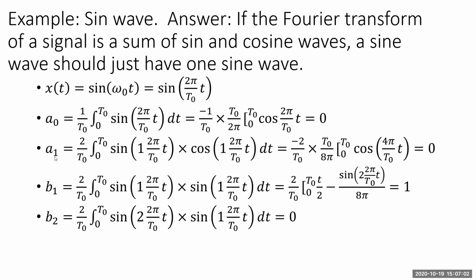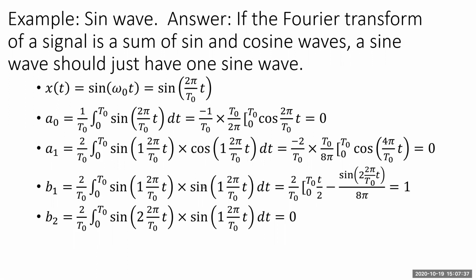Then when we look at A1, we have a sine times the cosine, and when we work that through, we get 0, because there's only one sine wave. This is x of t. So that means everything else should be 0. Then when I look at B1, now I'm multiplying things times sine waves. And notice the frequencies are the same. This is really sine squared.